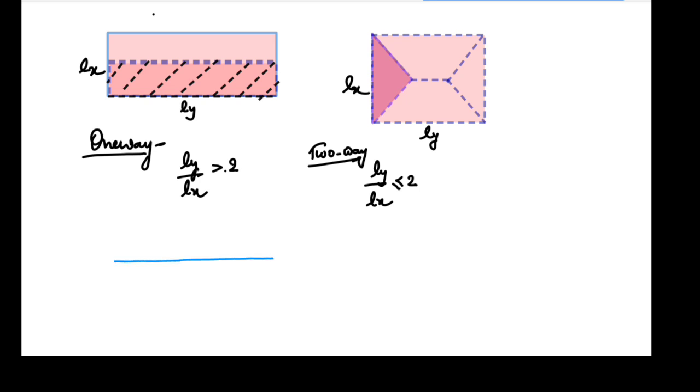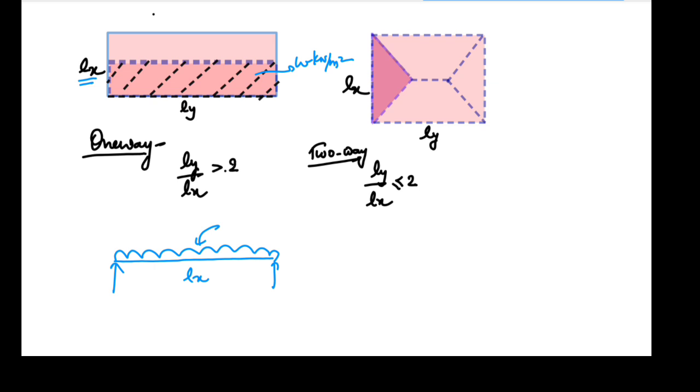Suppose this is a longer beam, Lx length, and this is the load. These are the supports. So what will be the load intensity? Suppose the load intensity is W kilonewton per meter square, and this is Lx. So what will be the intensity here? Remember, the intensity on the beam is not in terms of kilonewton per meter square. In beams the intensity is kilonewton per meter.